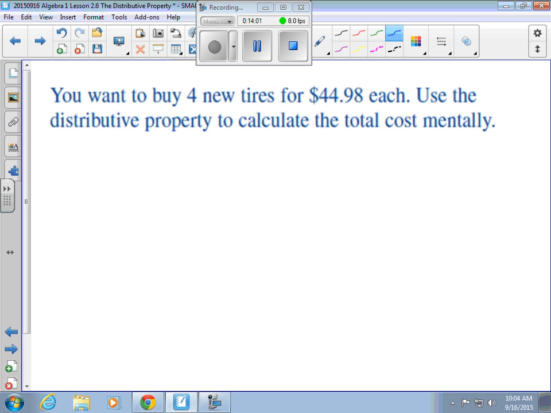Okay, this number is a little bit harder to do than $2.50, but the same concept.